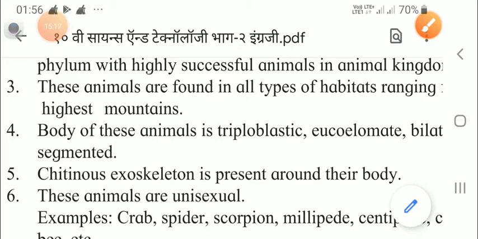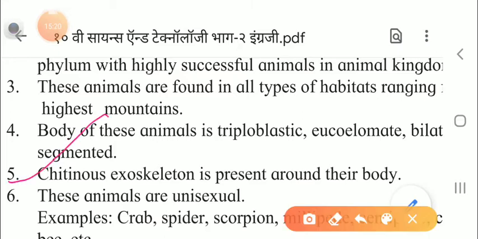Now the fifth one is the chitinous exoskeleton. Chitin is a nitrogenous substance. It is very tough and semi-transparent. It is the main component of the exoskeleton.